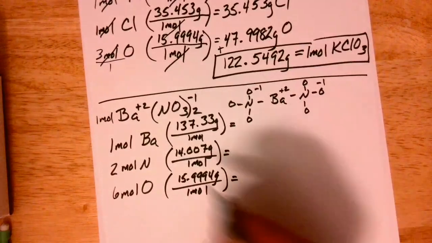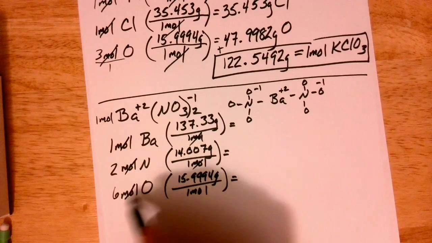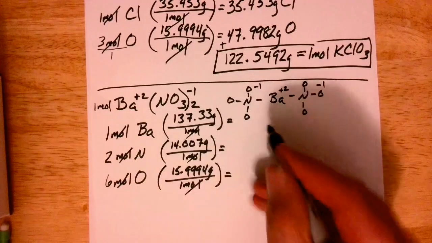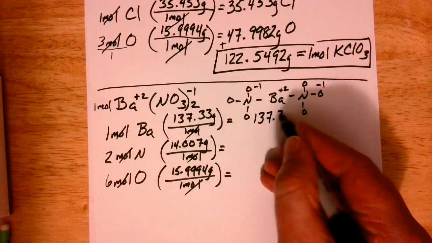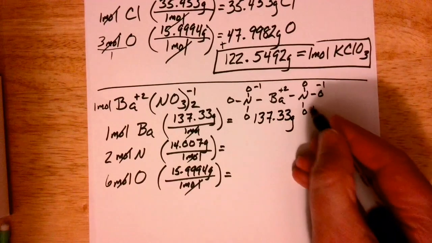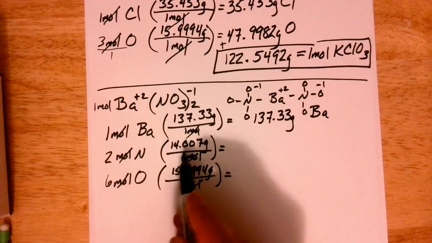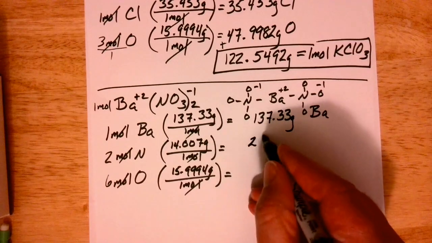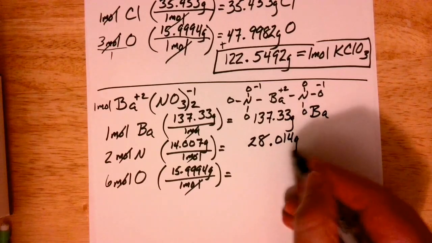Alright, so now let's work these through. So moles will cancel out. So 1 times 137.33 is 137.33 grams of barium. Nitrogen, 2 times 14.007 is 28.014 grams of nitrogen.